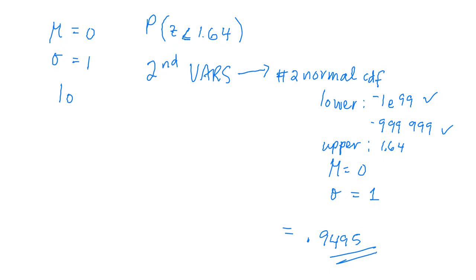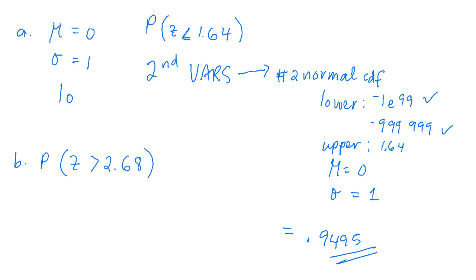All right, so next question. The next one is the probability of z is greater than 2.78, so that's my A. My B is the probability of z greater than 2.68.